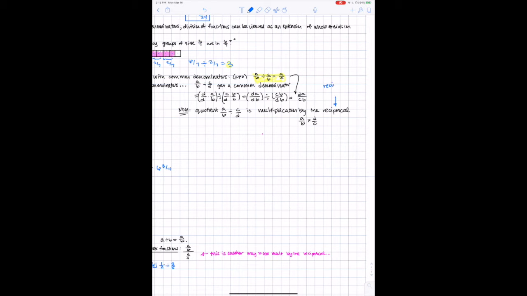The reciprocal of C over D is really just the multiplicative inverse, so it's D over C. That means if I divide by C over D, it's the same thing as multiplying by D over C. That's what this whole statement is saying: division by C over D is the same thing as multiplication by the reciprocal. So dividing by C over D is the same thing as multiplying by D over C.